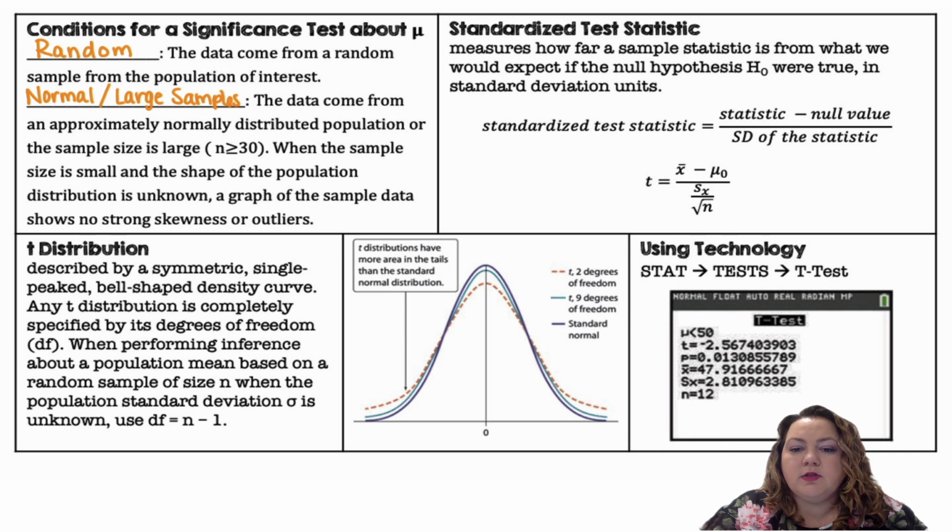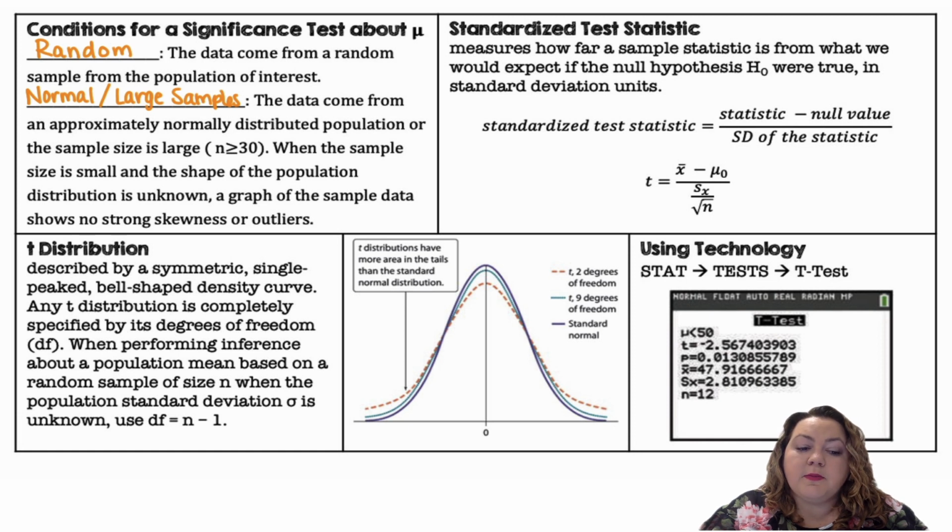So t is equal to x bar minus mu naught, which is what we set our null hypothesis to, divided by the standard deviation of the sample over the square root of n. A t distribution is described by a symmetric, single-peaked, bell-shaped density curve. Any t distribution is completely specified by its degrees of freedom.